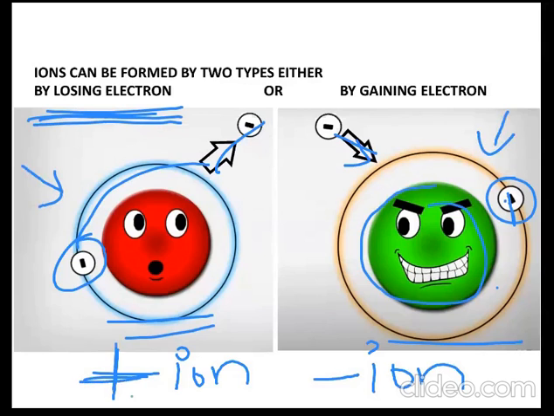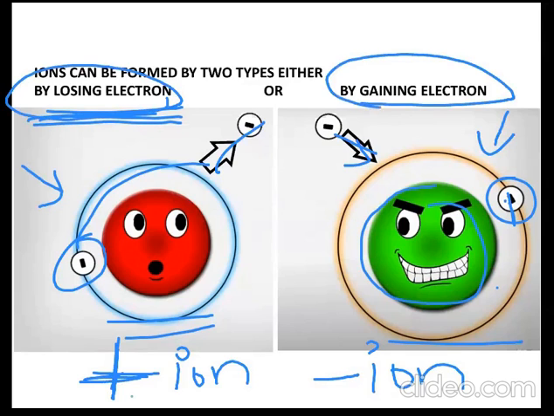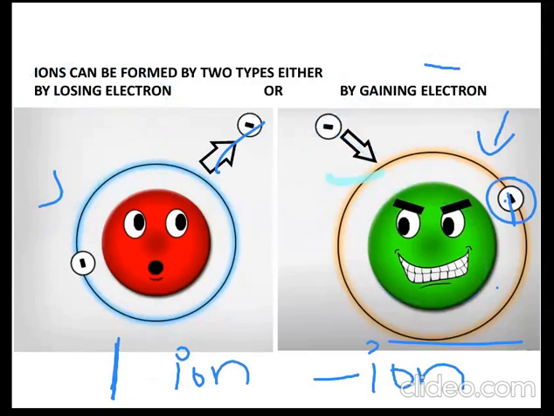Positive ions are formed by losing electrons and negative ions are formed by gaining electrons, because electrons are negatively charged particles, right? So ions are of two types, positive ions and negative ions.